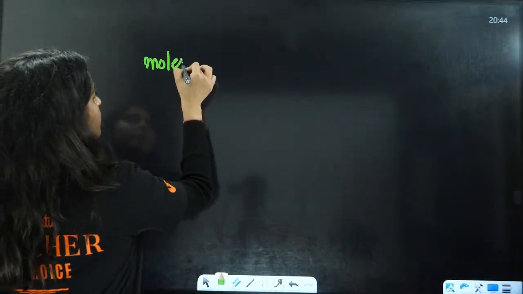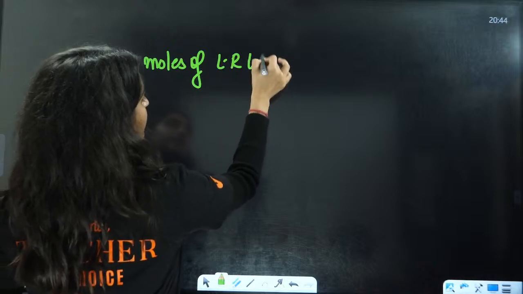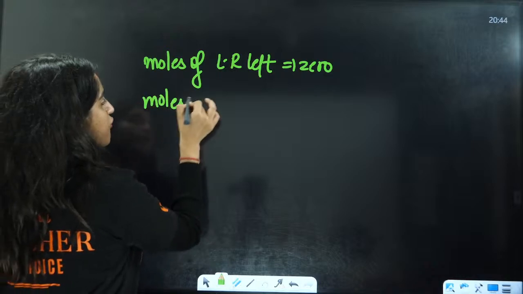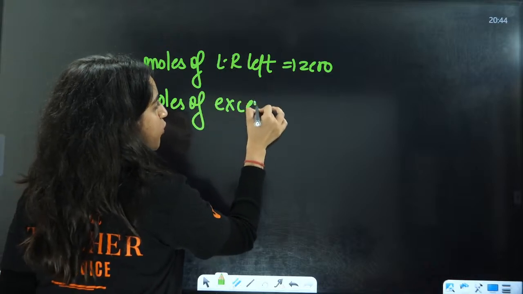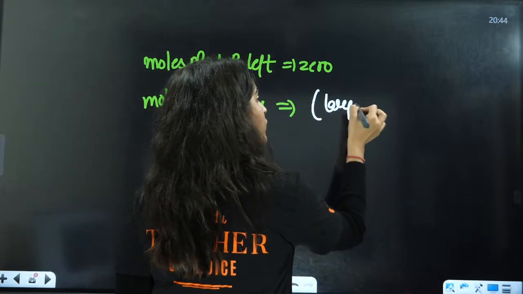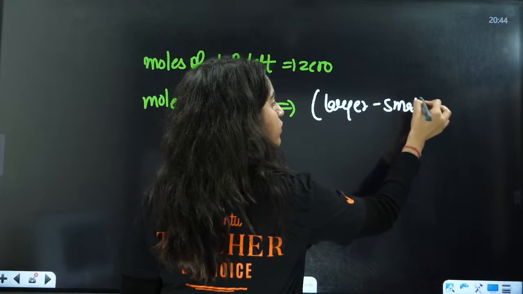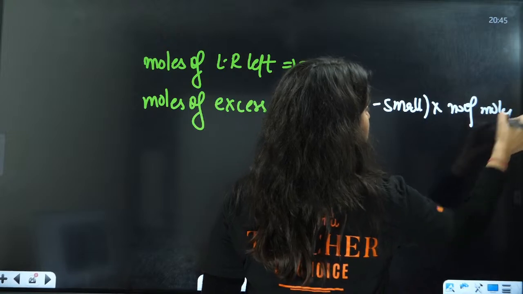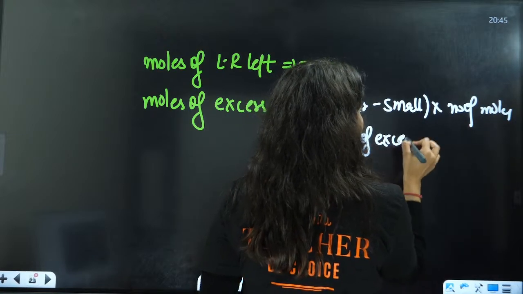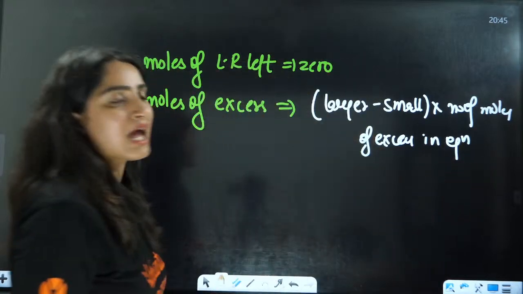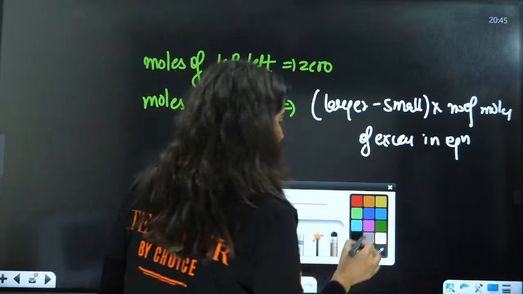Moles of limiting reagent left is always 0. Moles of excess reagent is always equal to larger value minus smaller value multiplied by the number of moles of excess reagent in the equation. That is the number of moles left, right?